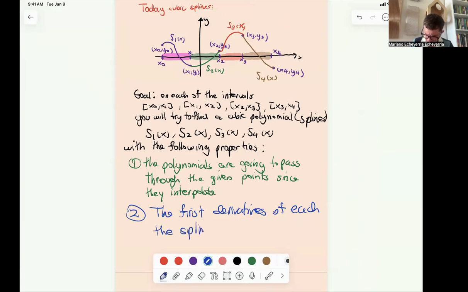I'm writing this verbally. I'll soon write it as a system of equations, but it's useful to have a verbal description first. So the first derivatives of each of the splines agree where the different intervals meet. Okay.